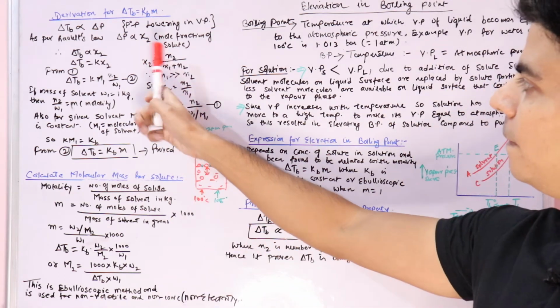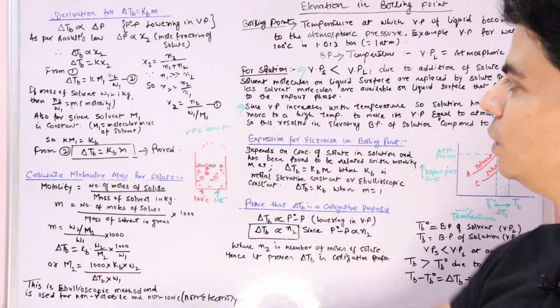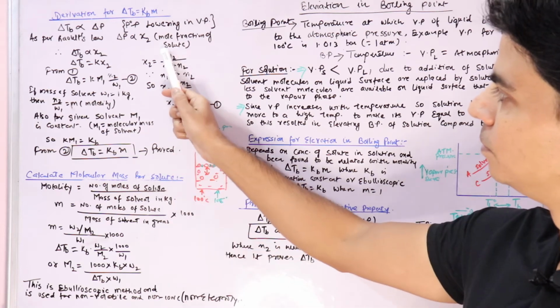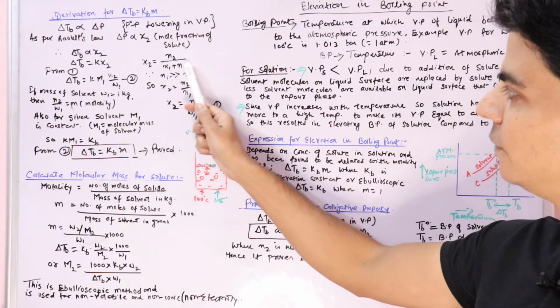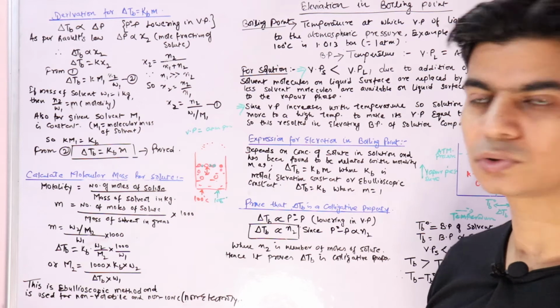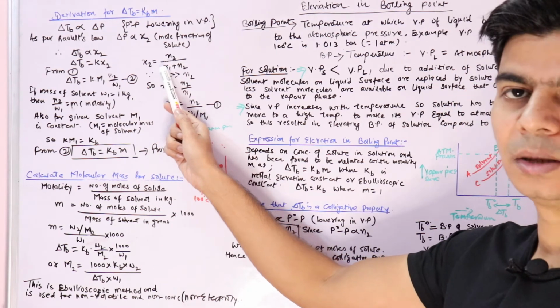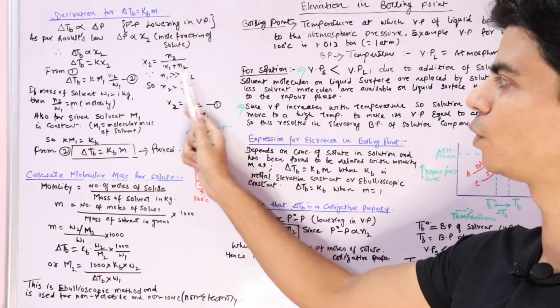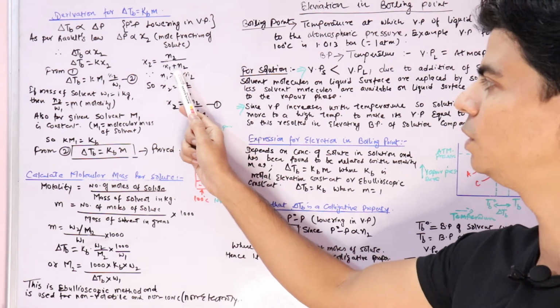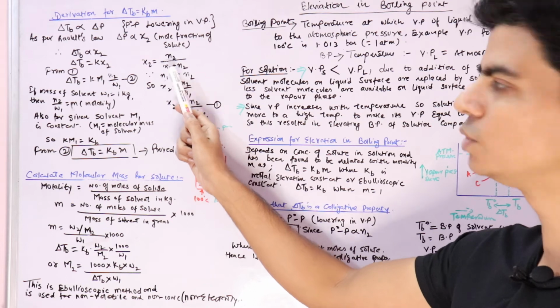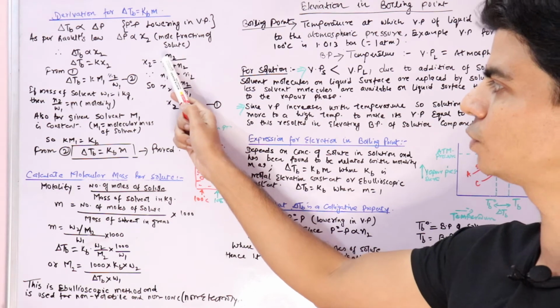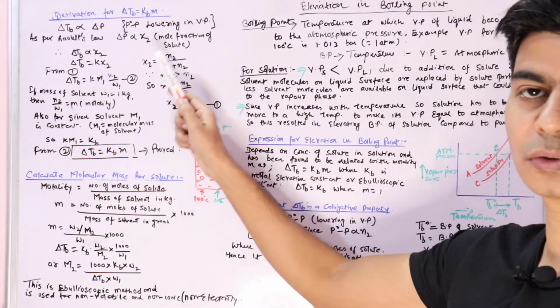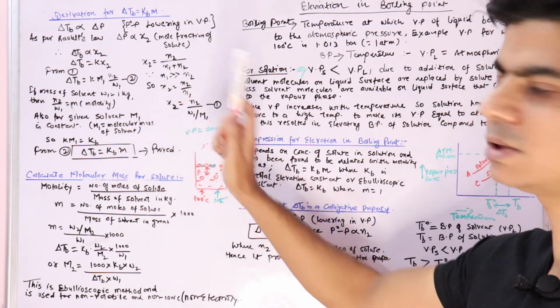So the mole fraction of solute is number of moles of solute divided by total number of moles. N1 is number of moles of solvent, N2 is number of moles of solute. So X2, the mole fraction of solute, would be N2 upon N1 plus N2.